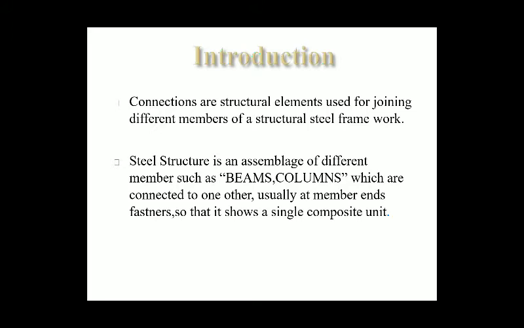From those sections these beams and columns are formed, and they are connected to form an assembly or frame structure which we can call steel structure. For that, these different types of members are to be fastened so that they act as a single composite unit, and for that we need connections. So connection is very important for erection of the steel structure.